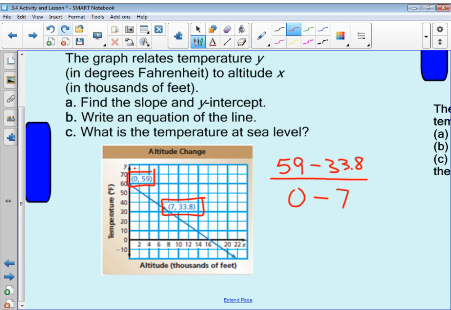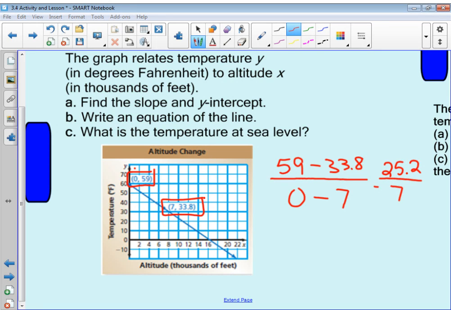Okay, so now if you want to, you can pull your calculator out to get those differences. So 59 minus 33.8 is going to give me 25.2 over 0 minus 7 is a negative 7. Okay, so when we go through and we reduce this down, 7 will go into that 25.2, 3.6 times.